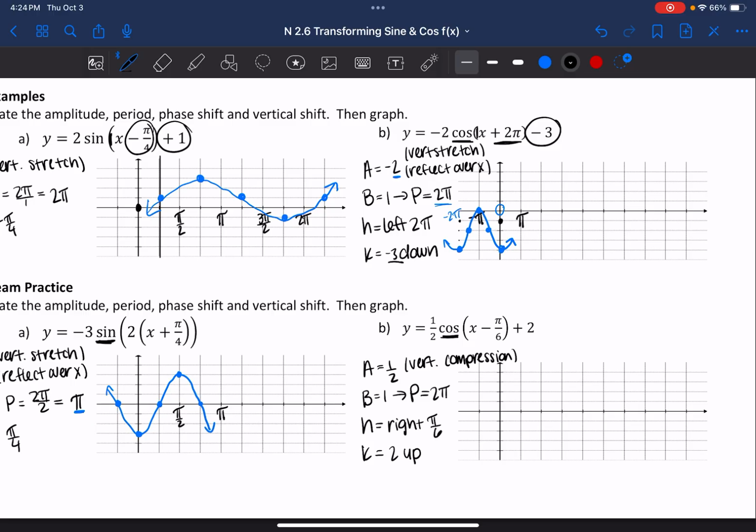So cosine would normally start at 1, which, let's make our lines increase on the y-axis in increments of 1/2. So that would make this line 1. And this line would be our -1.